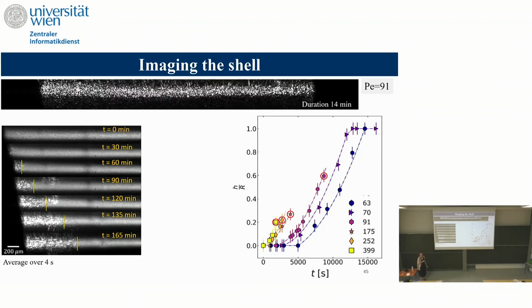This is what we call the shell: there is slow dynamics here and faster dynamics there. From these average images, you can evaluate the thickness of this part. Here it's normalized by the radius, and you see that it increases with time, for all Peclet numbers.